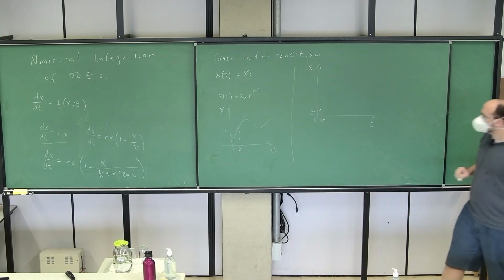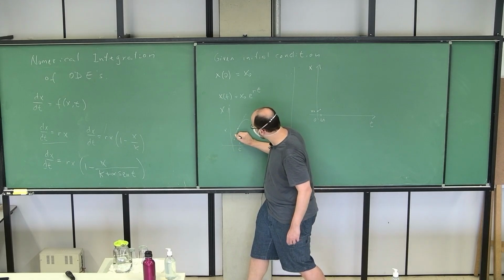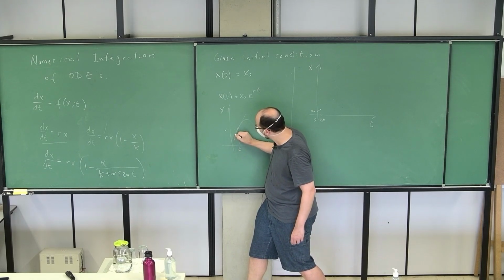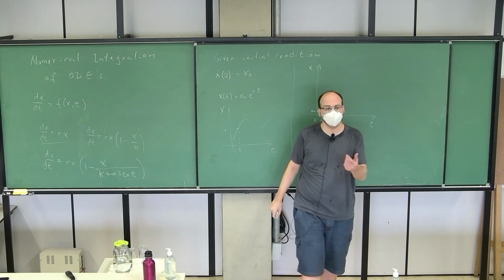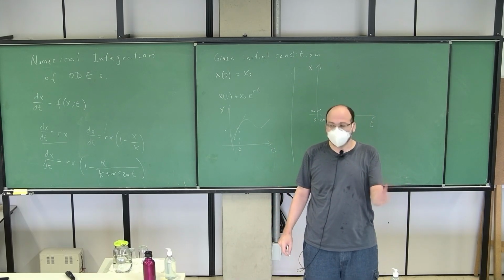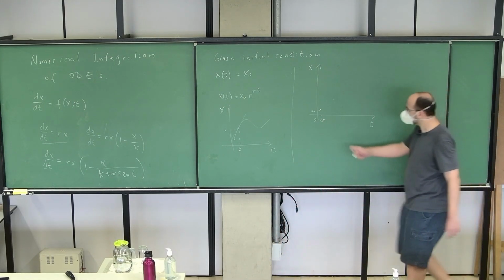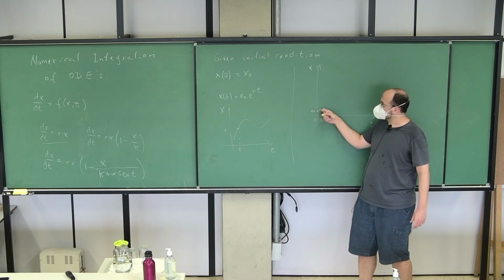If I was here and I want to give a step here, I want to estimate how much the function grows over a given time step, okay? So what is this amount of growth here?